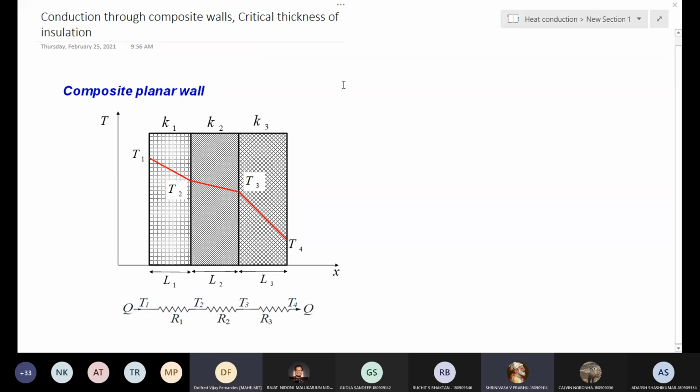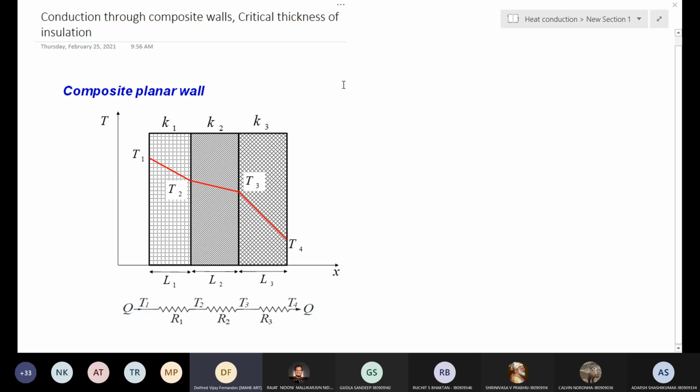Heat exchangers? Heat exchangers, definitely not. Multi-layers will not come in heat exchangers, because there the wall that separates the two fluids should have minimum resistance to the heat transfer. But if we want to reduce the heat transfer, we have to provide insulation.